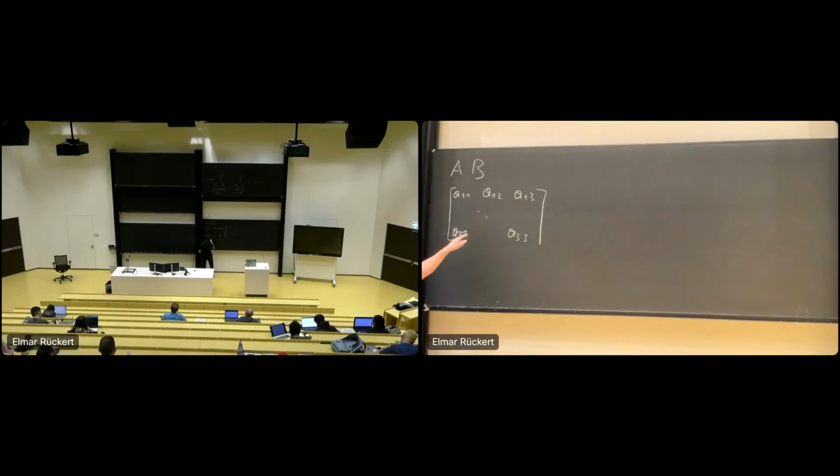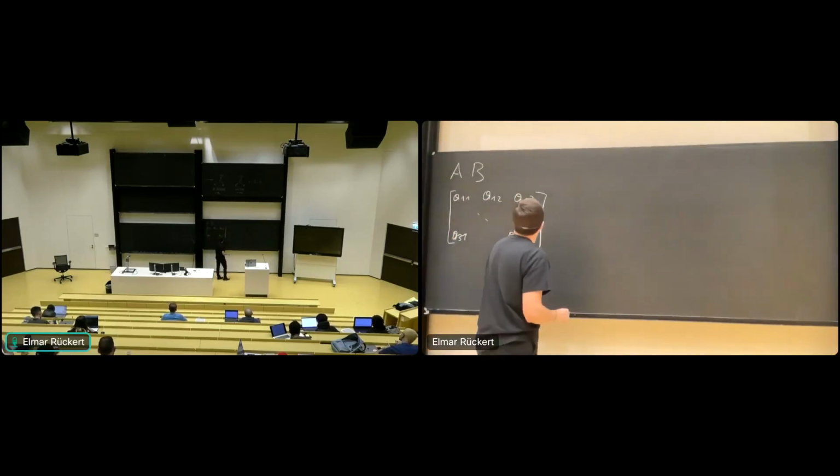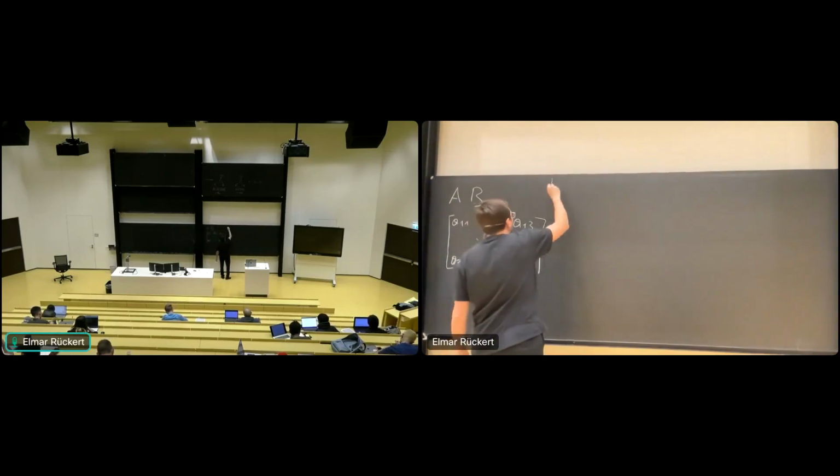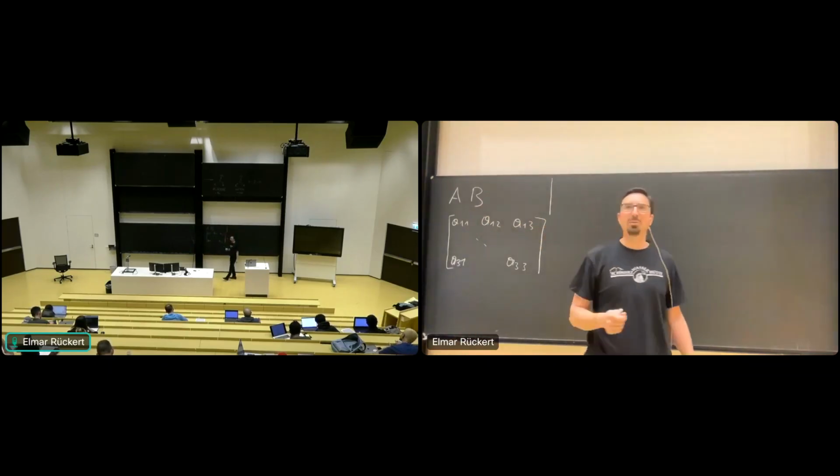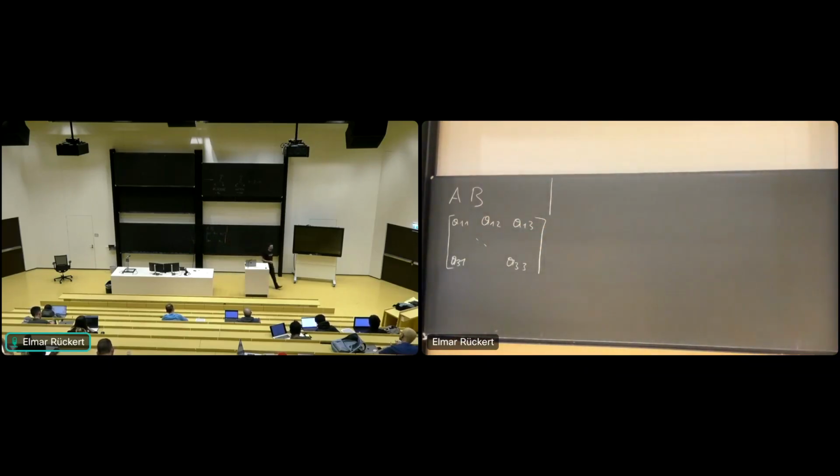So we have a 3 times 3 matrix. We multiply it by, what options do we have here? Exactly.